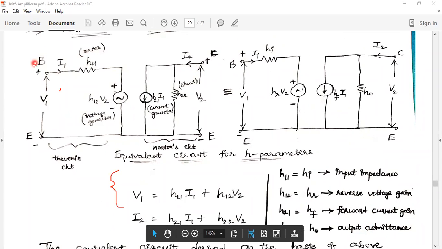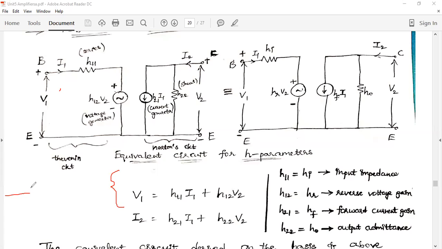Next, this is the base terminal. Let it be, I am taking the circuit like this. I am taking the common emitter configuration. This is the base, and this is the collector, and this is the emitter. For this circuit, I am taking this two-port network like this.